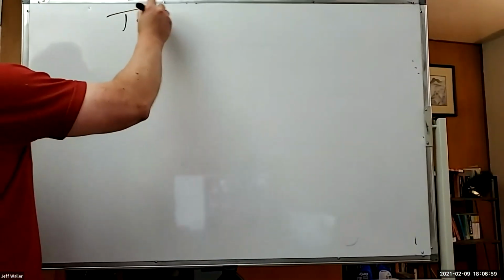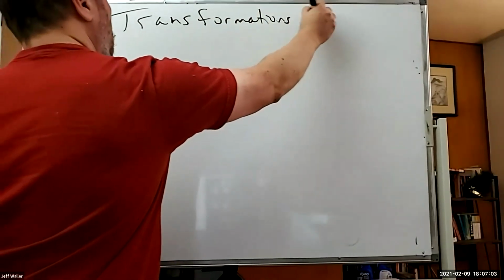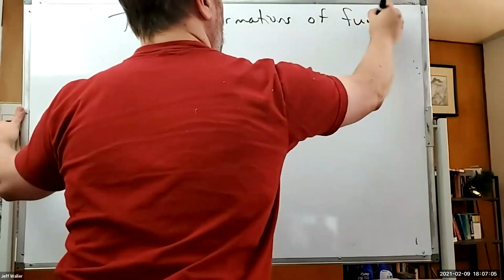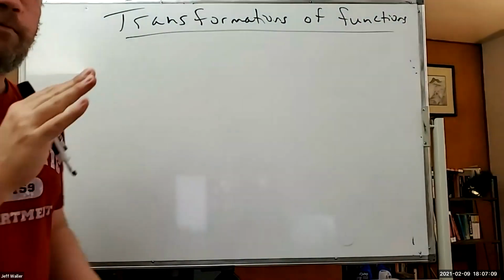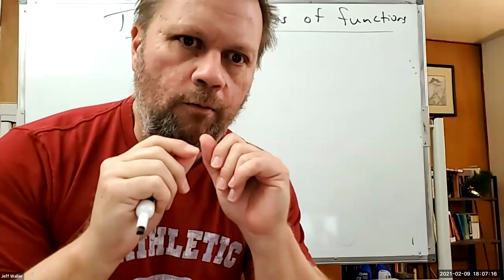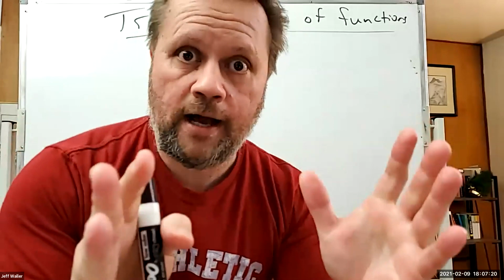So, transformations of functions. We do know about complex numbers, but when we graph things, we are always going to assume we're graphing over the real numbers. Thank the gods, because you don't want to be graphing over the complex numbers, trust me.